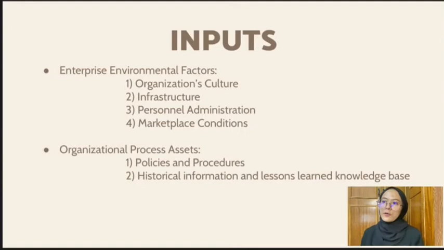The procedures include initiating, planning, executing, monitoring and controlling, and closing. The historical information and lessons learned knowledge base provides information on project records and documents, project closure information, and it also showcases the project selection process and project performance witnessed during previous projects.